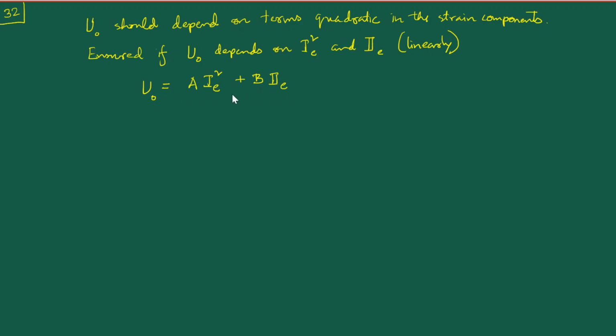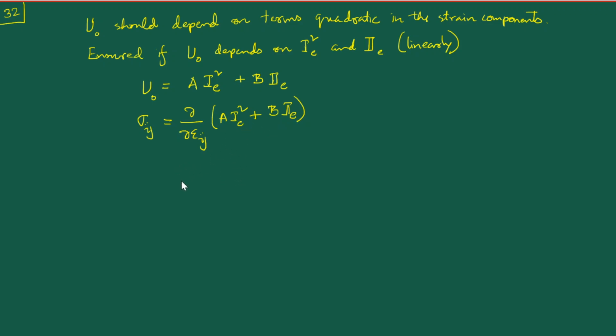And now if you carry this out, substituting appropriately the index notation expressions for this IE square and this 2e, it will involve some steps.